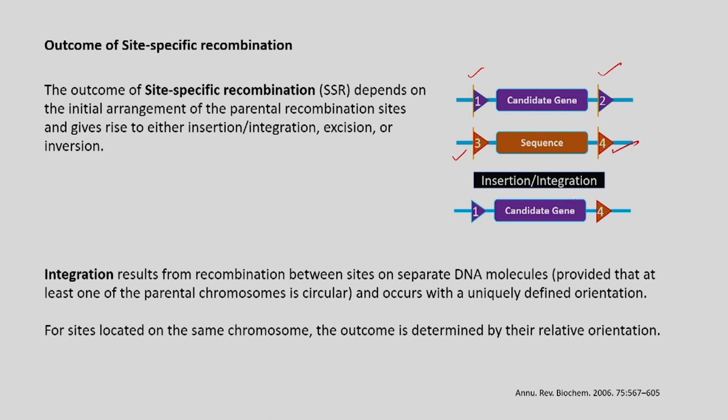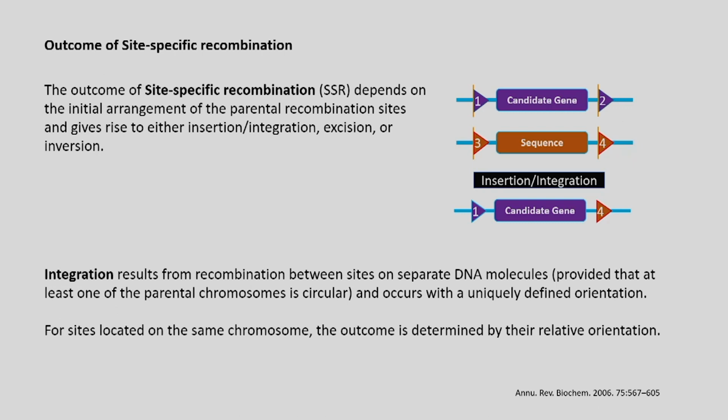If this candidate gene is to be integrated, you can see there is a change in the flanking genes, the candidate gene carrying along with it the flanking gene 1 to the sequence site, which now has on the right side the flanking gene 4. So, this is just the schematic of the outcome of site specific recombination.